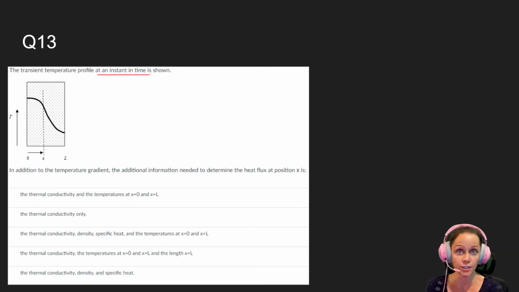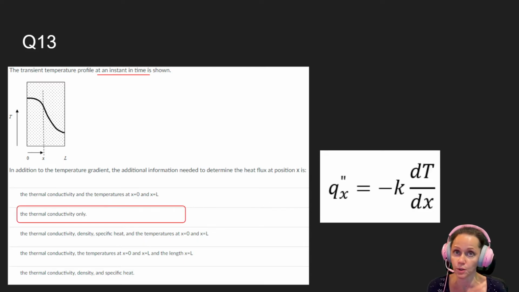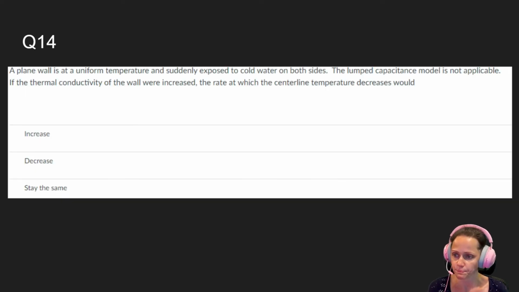So we have the temperature profile, right? How temperature is changing with respect to x. In addition to that temperature gradient, which we have, the additional information needed to determine the heat flux at position x goes back to Fourier's law. The only thing you need in addition to that dT/dx is, of course, your thermal conductivity.